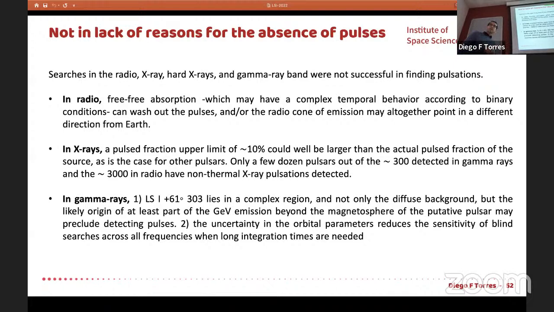If you detect the period in just 1 hour and the orbital period is 1 month, then the uncertainty in the orbital periodicity does not play a role. But if you have an uncertainty in the parameters of the orbit, and the orbit is around 26.5 days, and you need several months in order to get the pulsation, as is the case for gamma rays, then this is a problem.